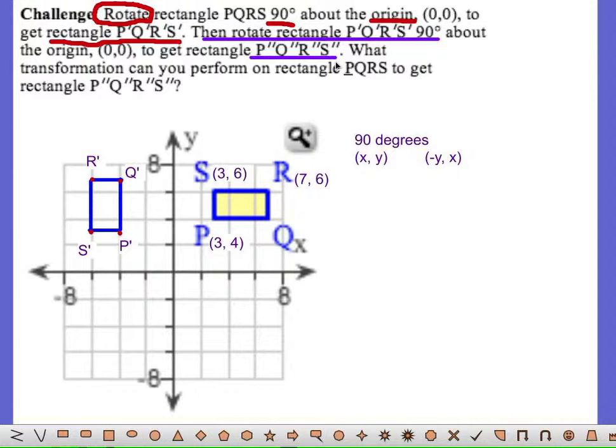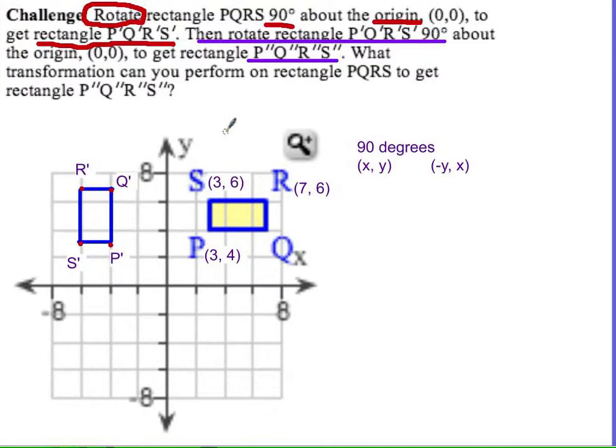What is the transformation we have made? Okay, well, another 90 degrees. Again, we're just going to switch places, our X and Y, and change the sign of the Y. So the new R is at negative 6, 7.